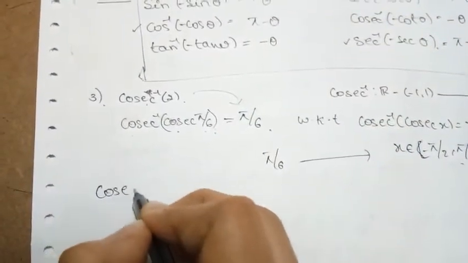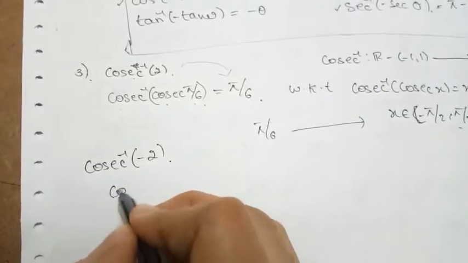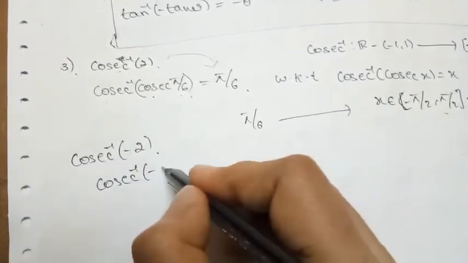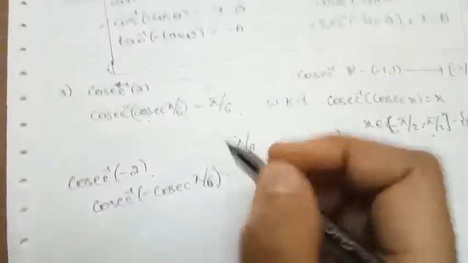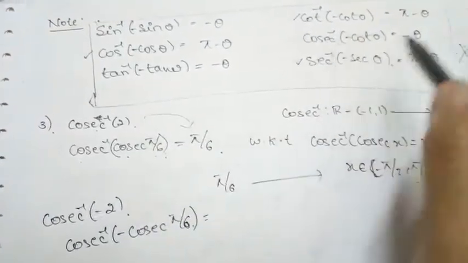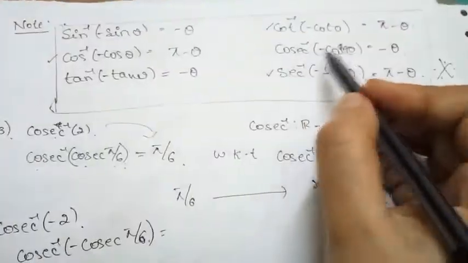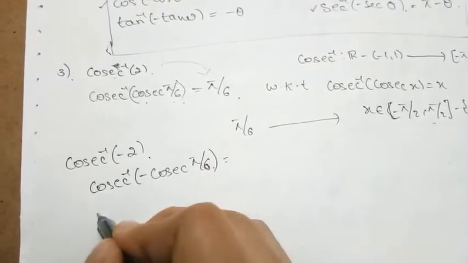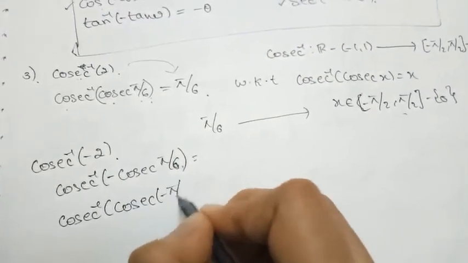Now try cosecant inverse of minus 2. Cosecant inverse of minus 2 means we take the value of cosecant that gives 2, that is cosecant of pi by 6. By looking into this property, cosecant inverse of minus cosecant theta is minus theta, so I can write it as cosecant inverse of cosecant of minus pi by 6.